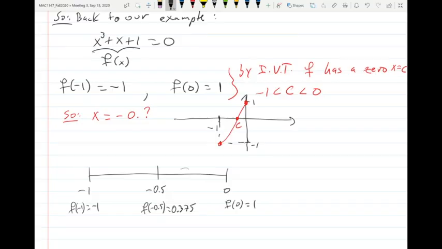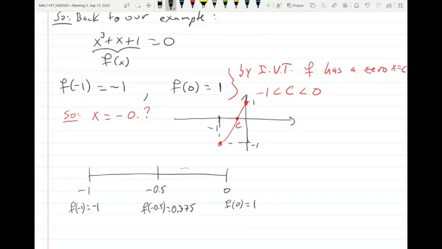Okay, so what do we get from here? Let me do this again. So -0.5, let me cube it, then -0.5, and then I'm gonna do +1. Yeah, I get 0.375.